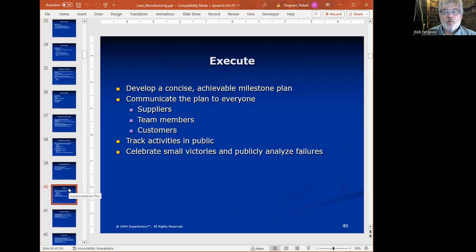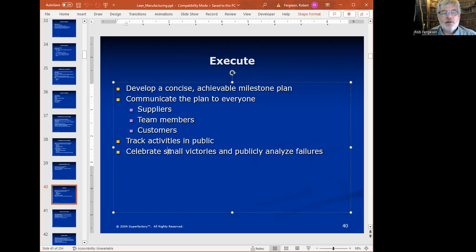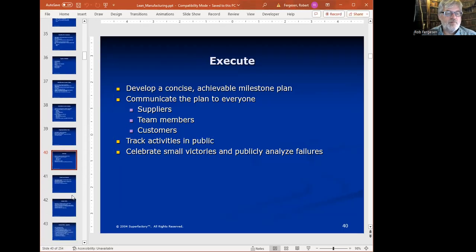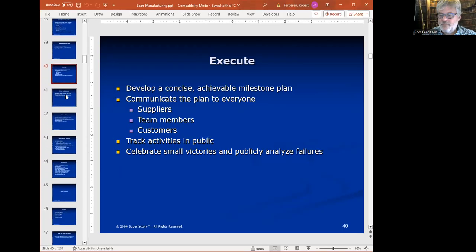Sometimes that's hard if you're putting a robot in, but it's critical because if you don't get the support of the operators around that robot cell, it probably won't do well. We call those team members. And third, you need the support of customers. The people who use the parts downstream and the end customer, they have to be willing to support this process and see that it's valuable. And you have to publicly track how you do and celebrate small victories, because sometimes that's all the victory you get.